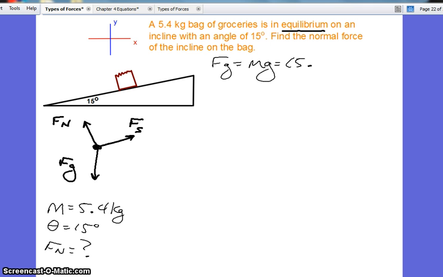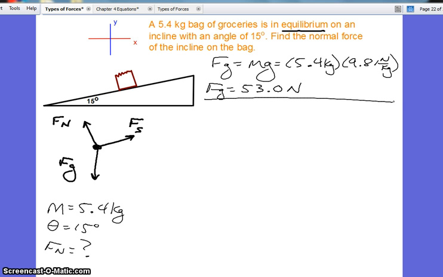So we take 5.4 kilograms and we multiply by 9.8 newtons per kilogram. We get that gravitational force to be 53.0 newtons.